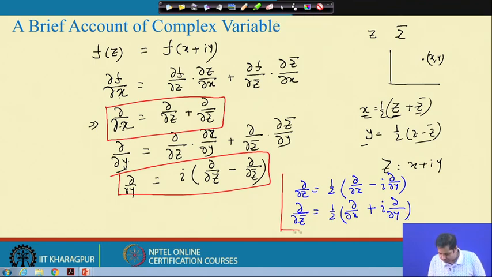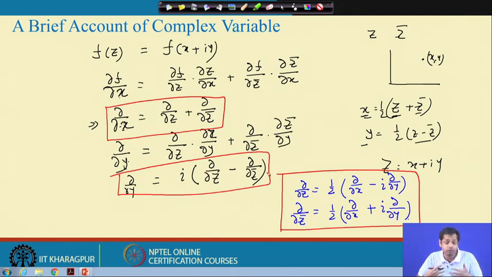This expression tells us how z bar is related to x and y. So, we will be using these equations later to find out first the relation between u and v, the functions for real part and imaginary part. And then subsequently, we also will be using this equation to introduce some of the important concepts.